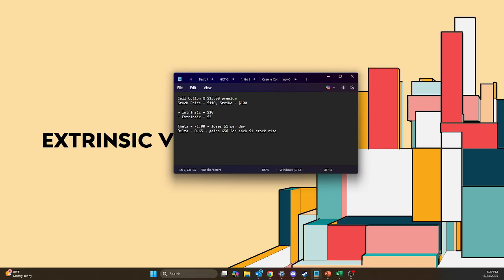So if our theta is -1, we lose $1 per day up until the day of expiration, no matter what, right? So if it's $1,300 premium today, if nothing changes, tomorrow it'll be $12.99. The day after, it'll be $12.98, and that's if the stock doesn't move at all.